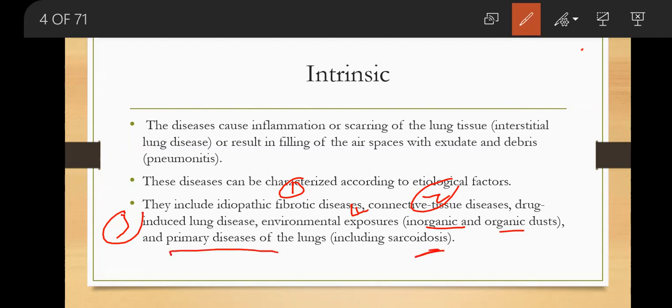So there are 5 classifications of intrinsic lung disorder as per the cause and the etiological factor.